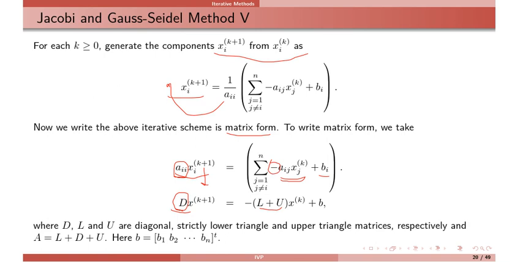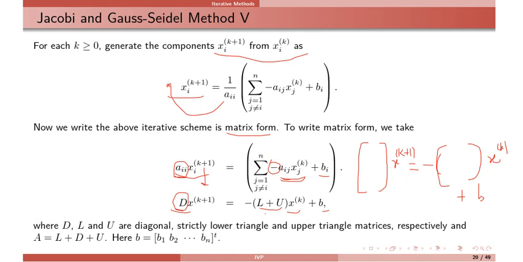So I am writing minus (L plus U) for this lower and upper part, multiplied by x^k, plus b. b is a column vector. So I am writing everything in matrix form. The left hand side is the matrix D multiplied by x^(k+1), which is also a vector, equal to minus (L plus U) matrix multiplied by x^k, which is also a column vector, plus b, also a column vector.